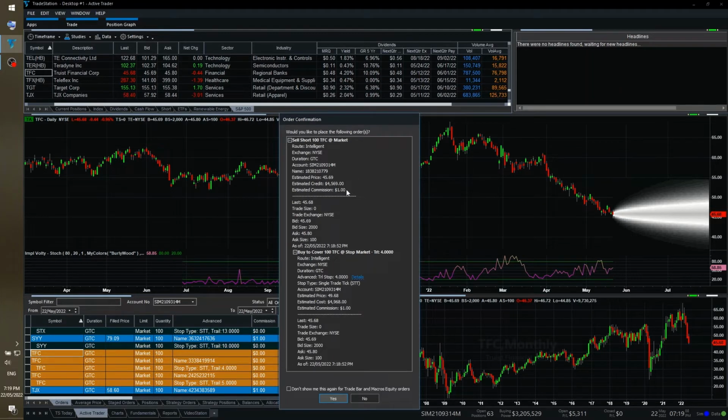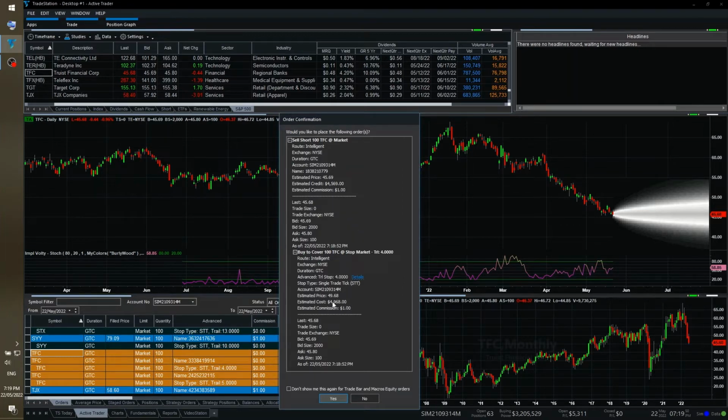I will wait until, and hopefully the price of the stock will go down. And this is the buy to cover with a trailing stop of $4, which means in the worst scenario, right from the time my order gets filled, if the stock goes up instead of going down, the maximum loss will be $400, which means I will spend $49.68 to buy back 100 shares of the TFC stock, and my maximum loss is $400.